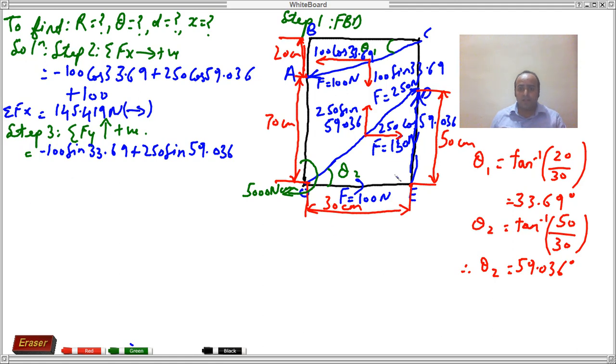Last but not the least, a force. You can see the straight force going up. F is equal to 150 Newton. Plus 150 is equal to summation Fy. You can write it over here. Summation Fy. Let's do the calculation part.